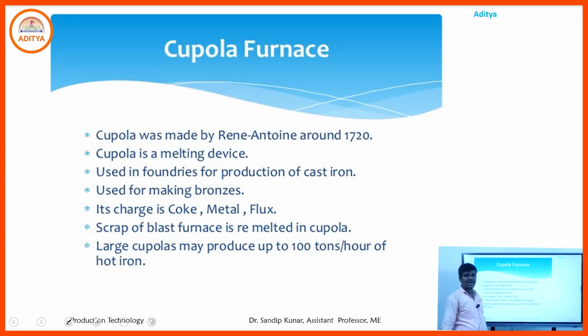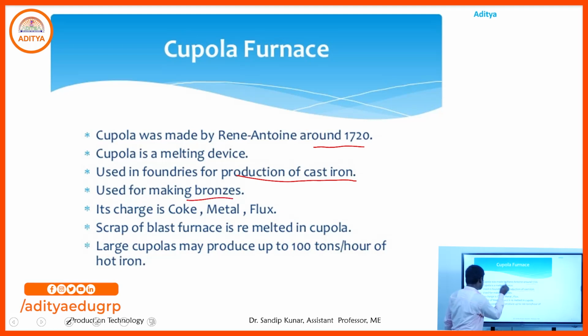Now we come to the discussion about the cupola furnace. The cupola furnace was made by Rene Antoine around 1720. Cupola is a melting device used for melting cast iron. Some other metals like bronze are also used as charge material.